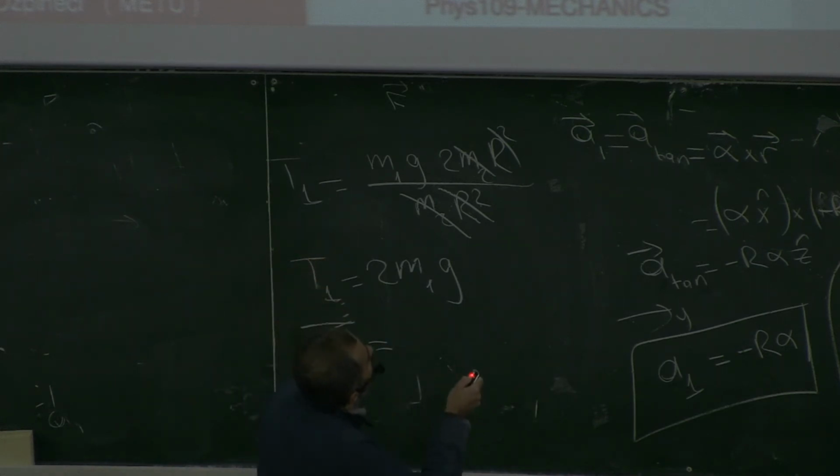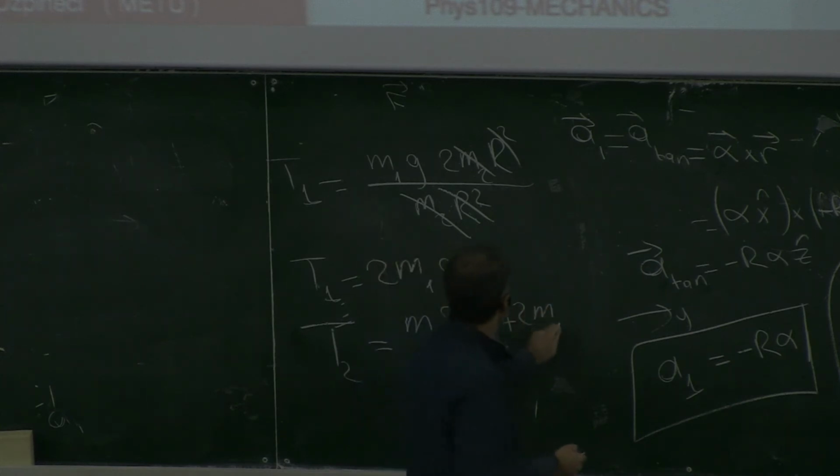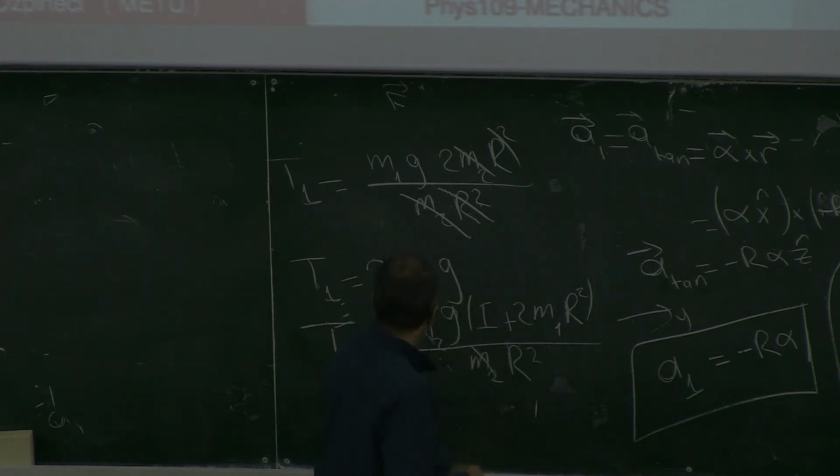Again, I will ignore this m1 and m2. Well, I cannot really do anything because I don't know whether it is much larger or smaller than m1. So I have m2 g times I plus twice m1 r squared divided by m2 r squared. These m2s, they cancel.